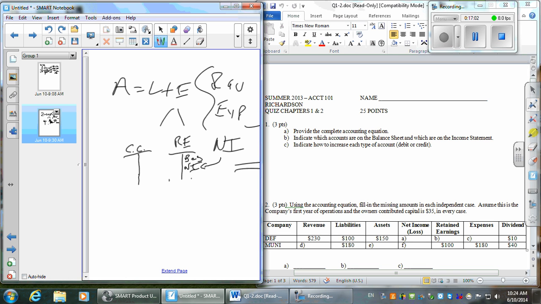Journal entry is just writing down a bunch of debits and credits on a sheet of paper, okay? And a computer. That's all a journal entry is. It's recording a transaction, okay? So what we do is we accumulate everything on the income statement, the revenues and expenses, for a year, and then we take those balances and we plug them into retained earnings, because that's what they are. They're part of retained earnings, okay?